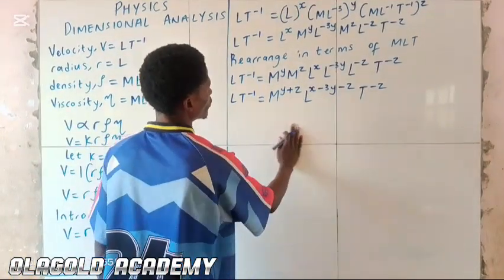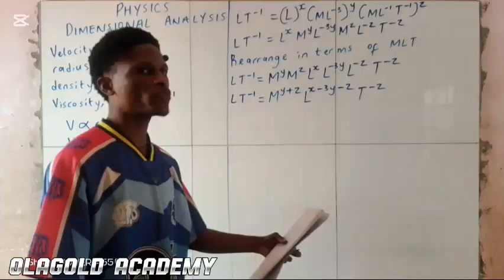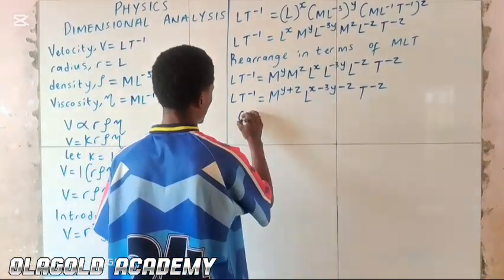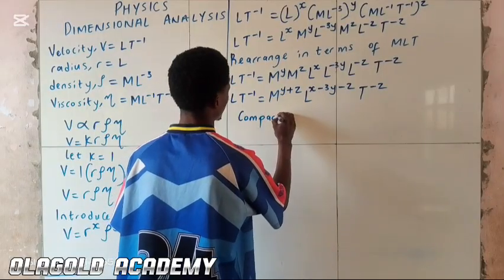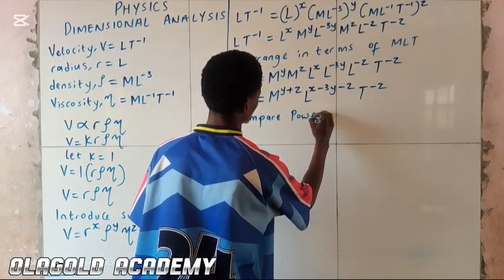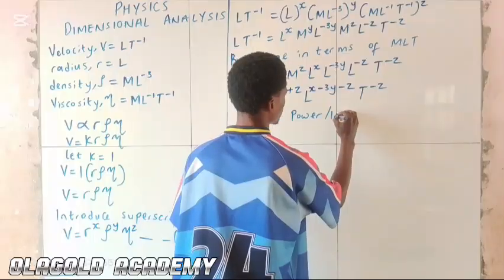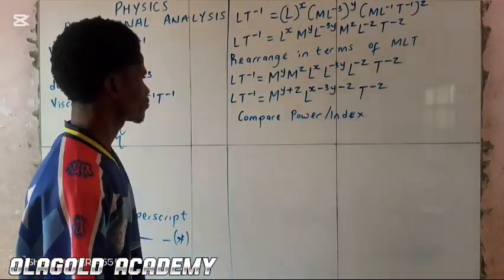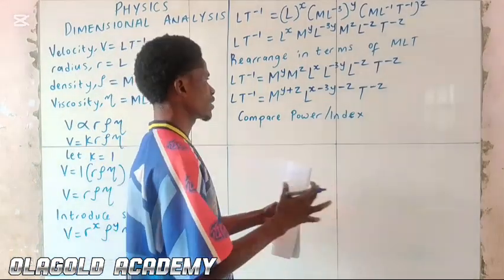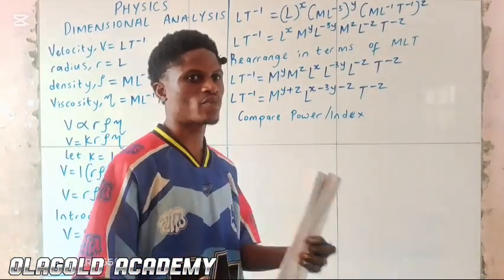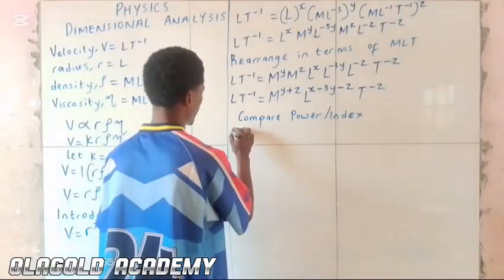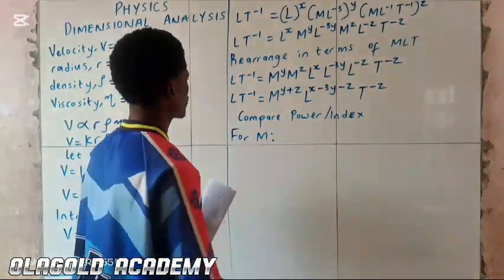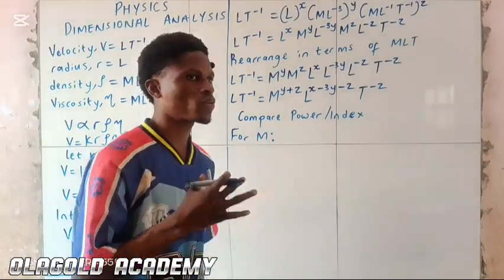Alright. Our next task is to compare their powers or compare index. Now we are going to take M before L and before T. So for M, what is the power of M at this side?